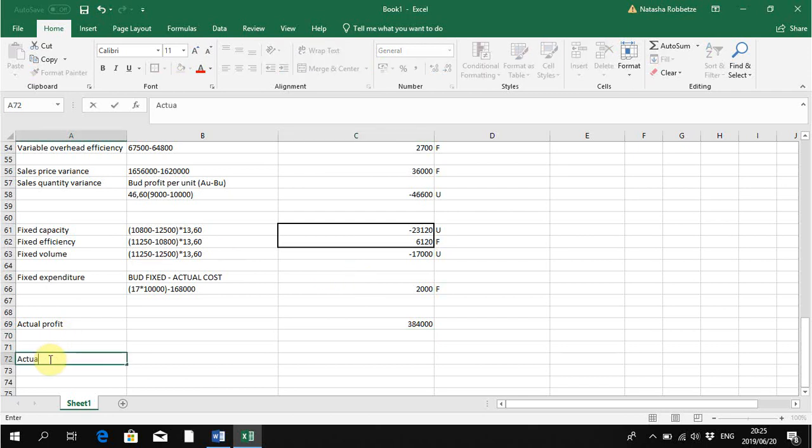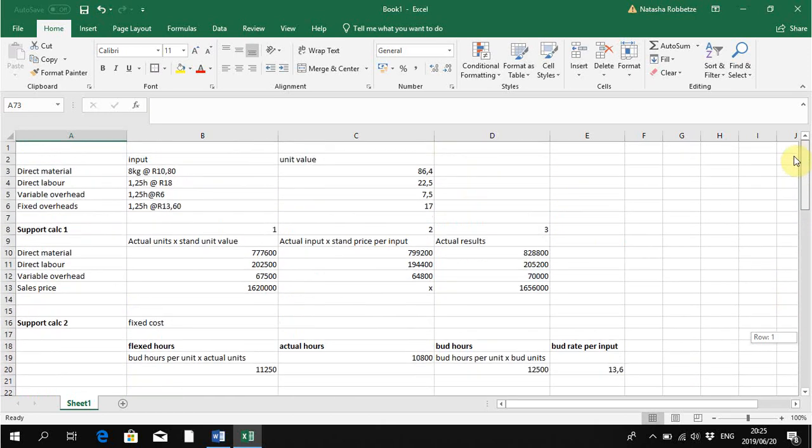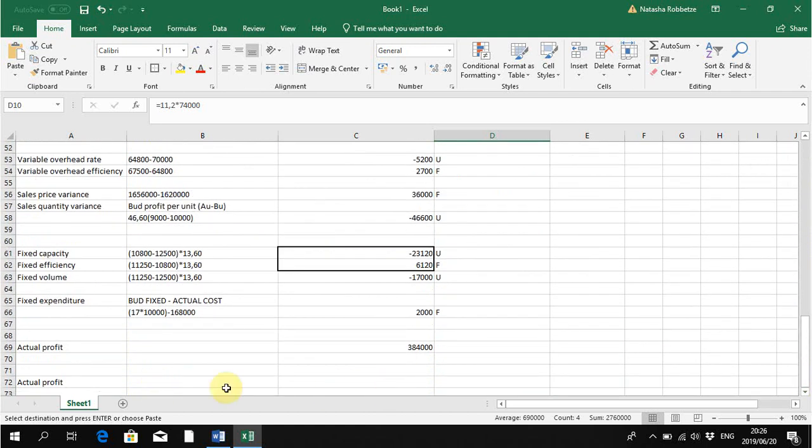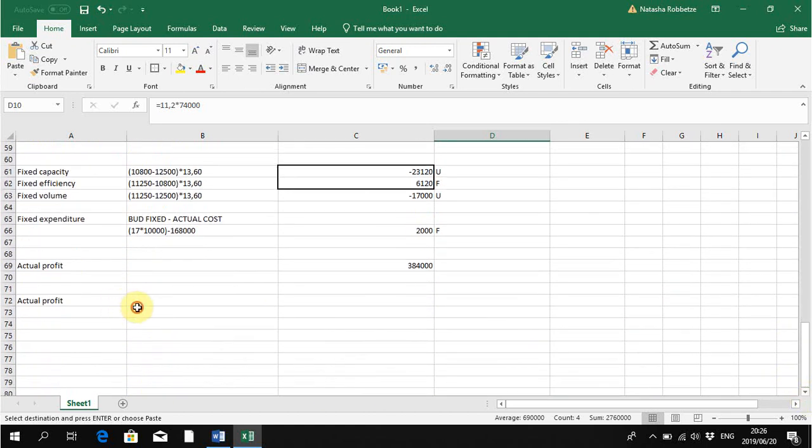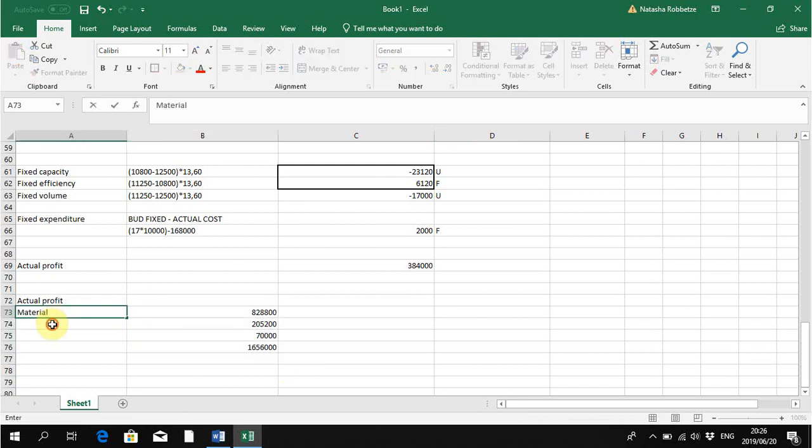So you can now go and cross-check your actual profit. You can calculate actual profit straight from the calculation that you did in support calc number 1. I'm going to copy and paste it in here, and we must just remember to add the fixed cost. So there we had the material, the labor, variable overhead, the sales, and of course we need the fixed overhead here.